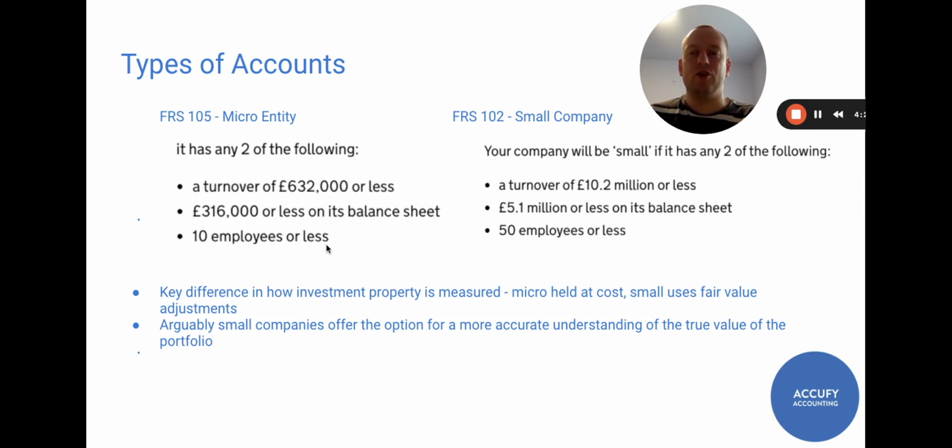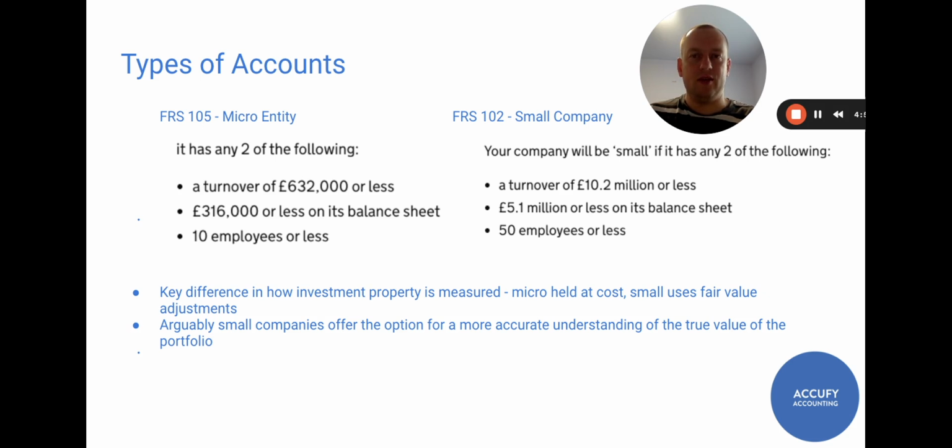So if you had two of those characteristics, you could be classed as a microentity. Microentities have more straightforward reporting requirements. They don't have to make as many disclosures as a small company does. So it's much more straightforward and simple to report as a microentity. But there are some issues with it from a property investment perspective, which I'll come on to.